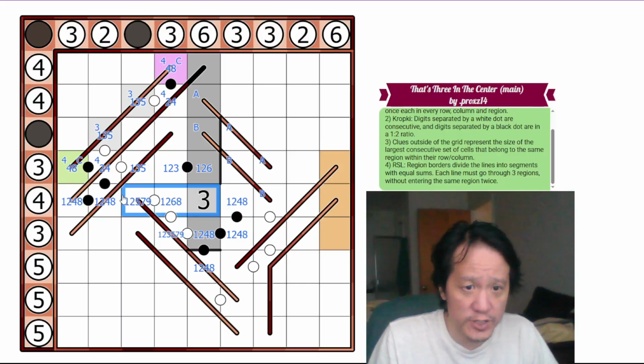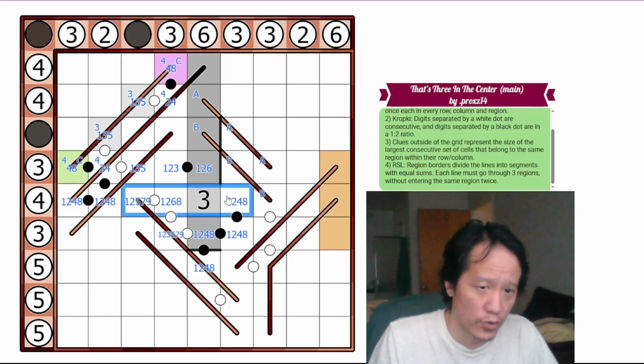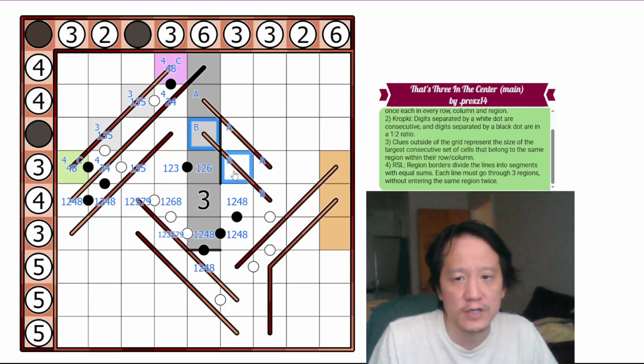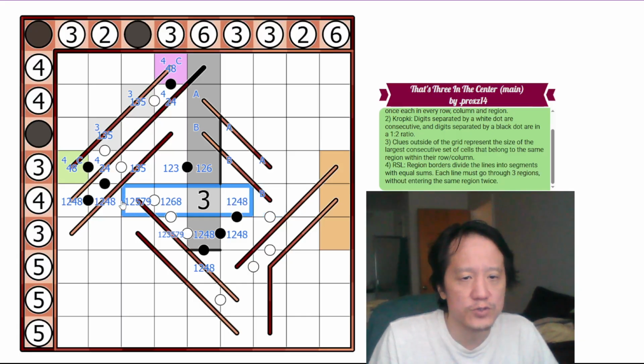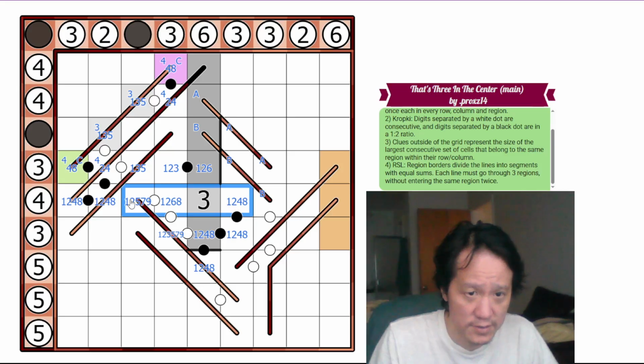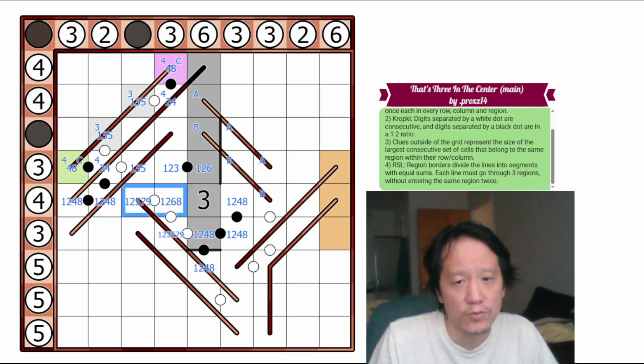Obvious. So if the gray is part of a region, it has to be these 4. Because it cannot be part of this region, because again, each region's sum lines cannot enter the same region twice. So it would be here, here. So the 4 block in row 5 has to be either this, this, or this. Either way, these 2 are in the same region. That's interesting enough.